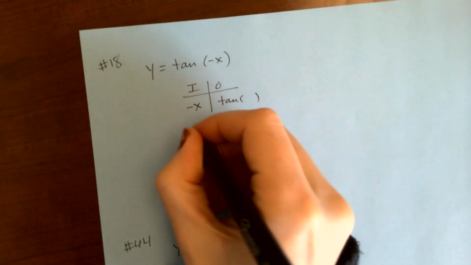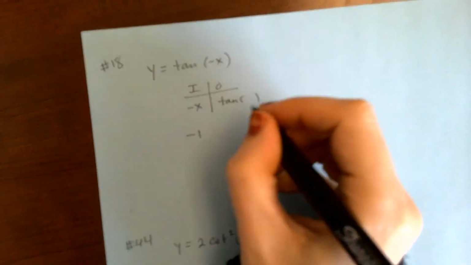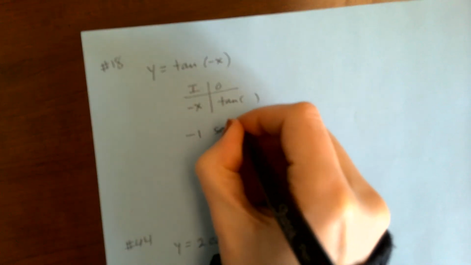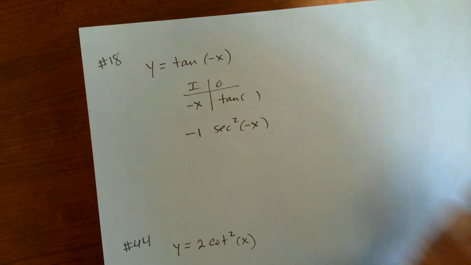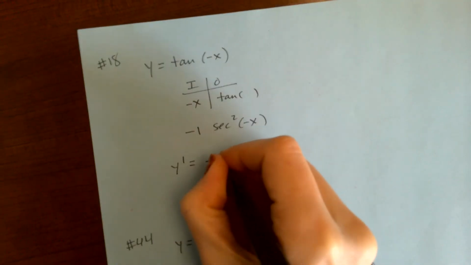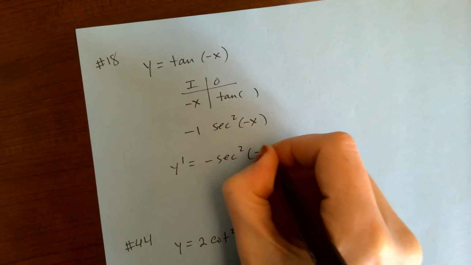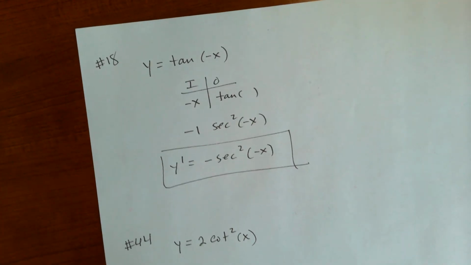The derivative of negative x is negative 1. The derivative of tangent is secant squared of blank. And then what goes back in is what used to be in there. So y prime is negative secant squared of negative x.